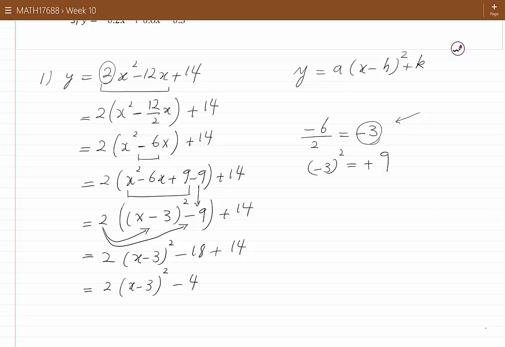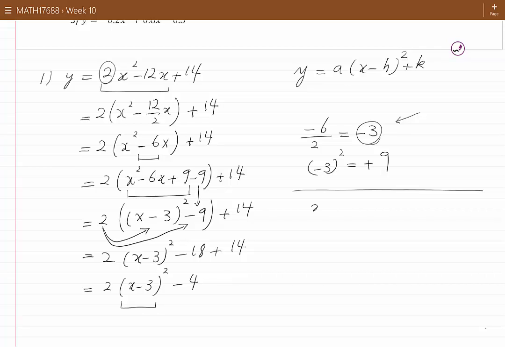Now to write down the coordinates of the vertex. You note that vertex is either the maximum or minimum of the quadratic function. In this case, it is going to be the minimum. Now, look at what number makes the quadratic term disappear.